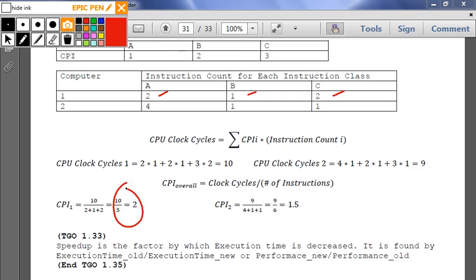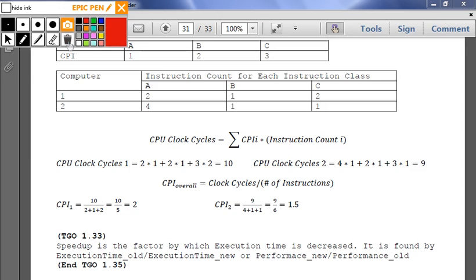Does that make sense? And then for computer 2, it becomes 4 plus 1 plus 1, which is 6. We determined the number of cycles is 9. So it becomes 9 divided by 6, which equals 1.5. And so which computer is faster?